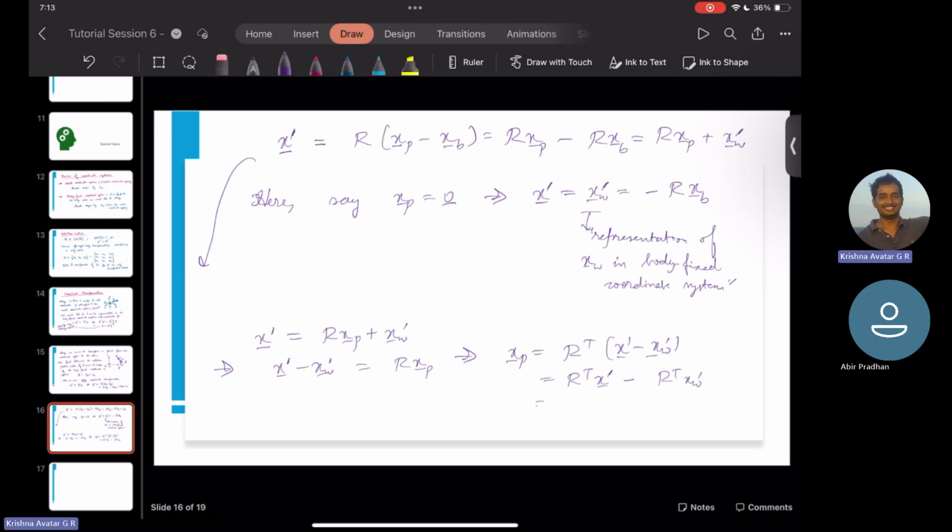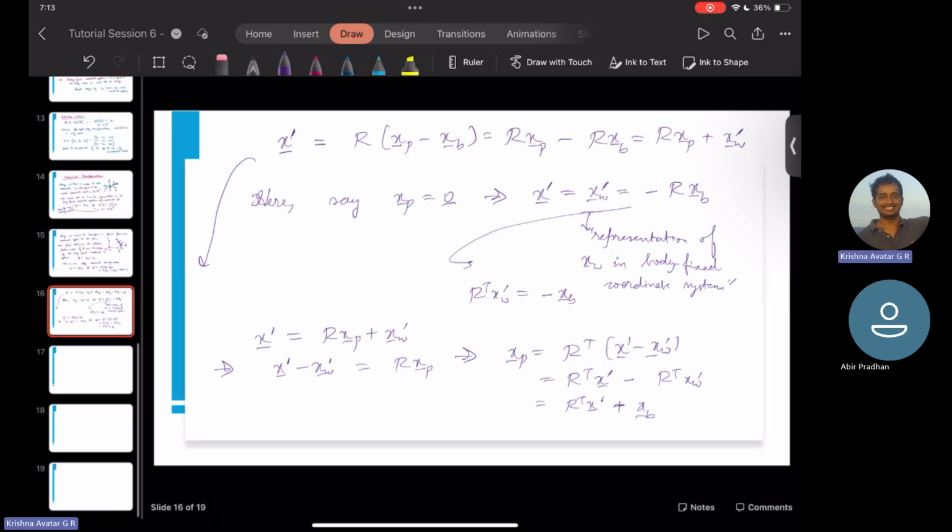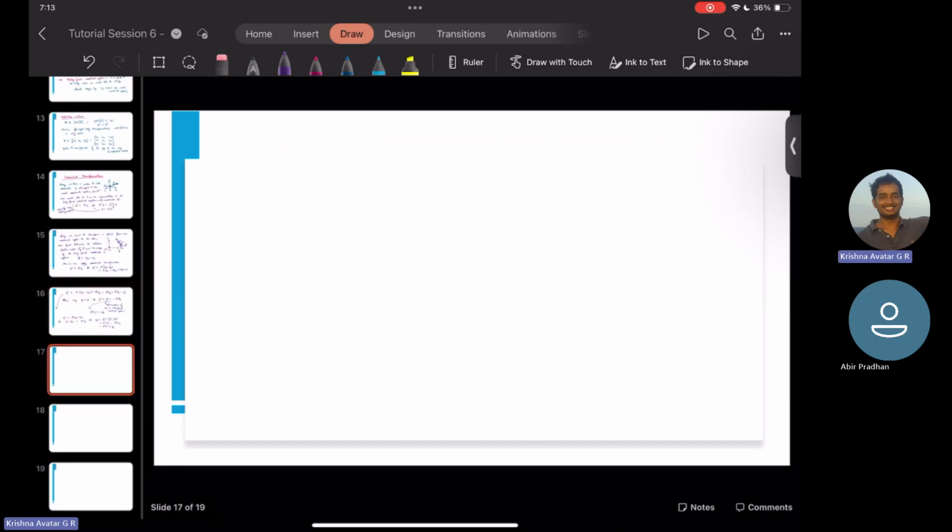And as we recall from this equation here, R transpose XW prime is equal to minus XB. So this is equal to R transpose X prime plus XB. So this is how we move to and fro, back and forth, right?